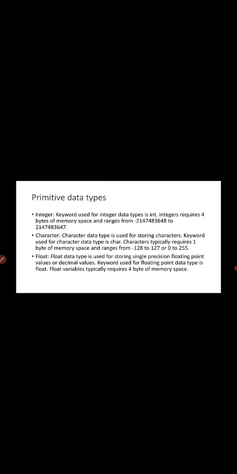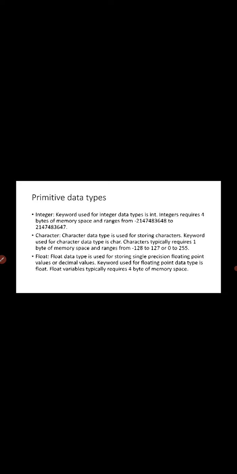As C++ uses ASCII, it requires 1 byte of memory and the value ranges from -128 to 127 or 0 to 255, which means we are allowed to specify maximum 256 characters for a character data type, in which the first 128 characters are called standard ASCII characters and the remaining 128 characters are called extended ASCII character set.